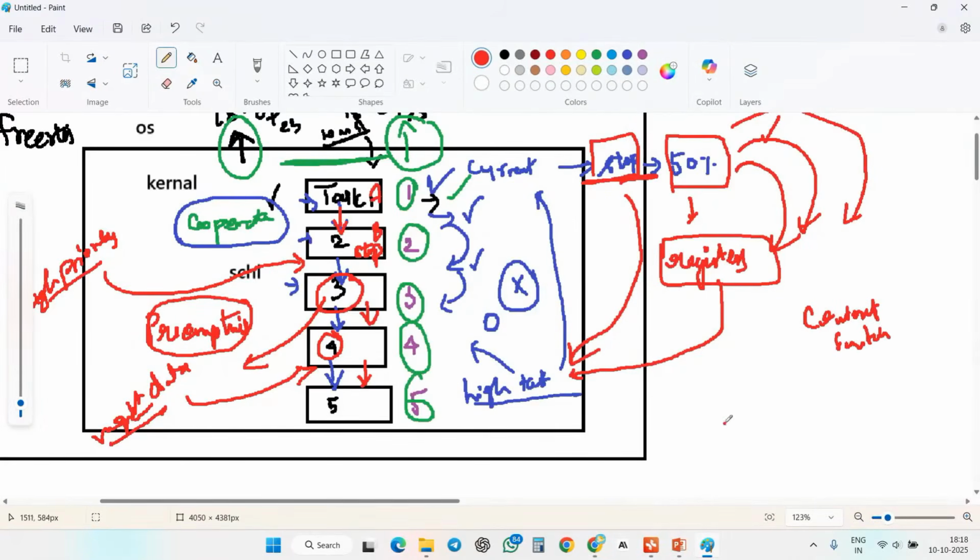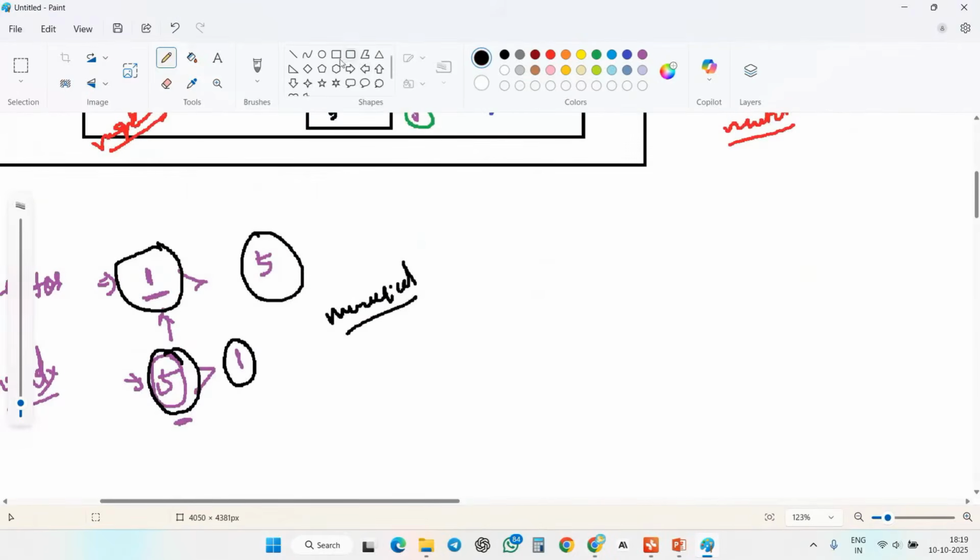Mutex means we already know that if task A is currently running, it needs some shared resources. Resources means it needs some data.